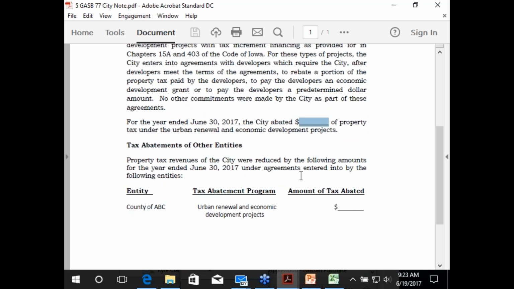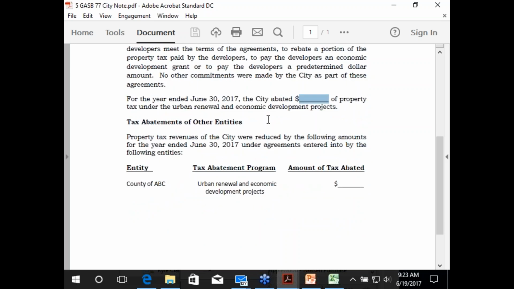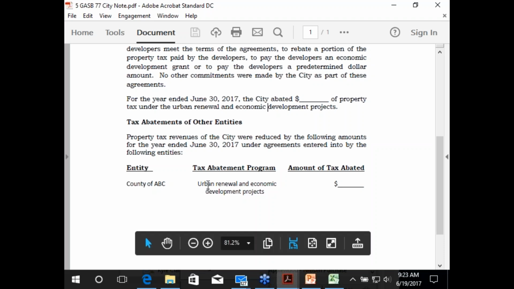And then the city also has to be concerned about the other type of abatements, those abatements that impact other entities, or the abatements of other entities that impact the city. So that's what this section does. It goes through and says, okay, the county of ABC also has some urban renewal projects, etc., and they amounted to abating taxes of this much.